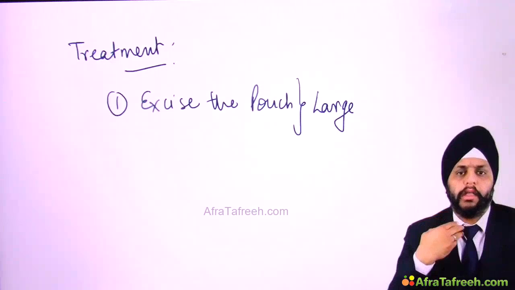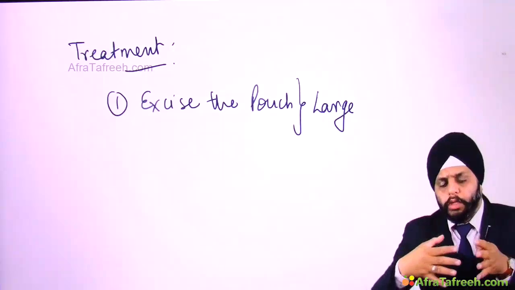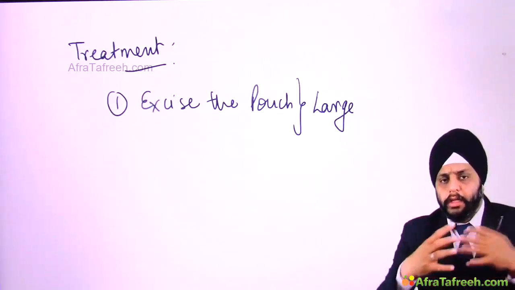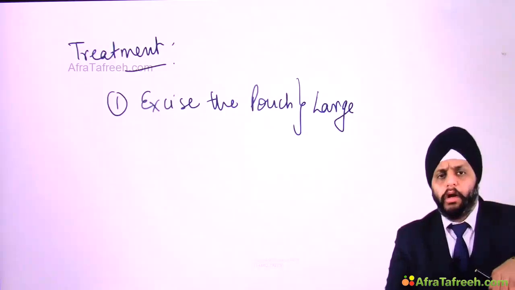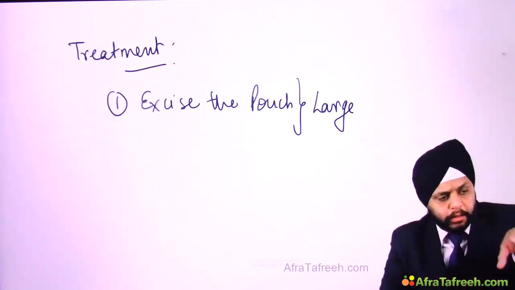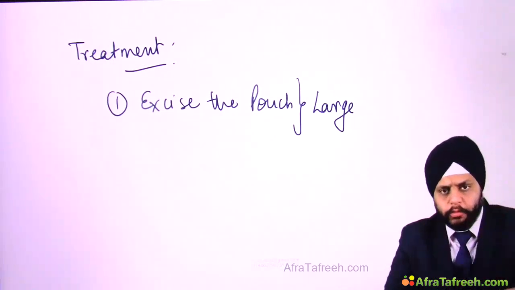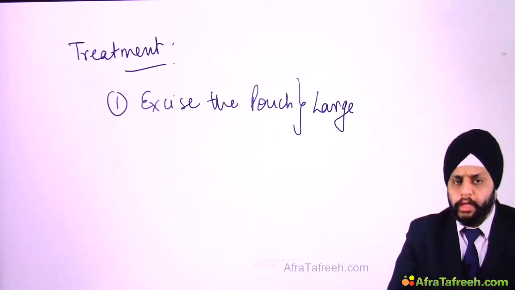You have to cut the neck, then separate all the muscles. There are big vessels, IJV, ICA, and cranial nerves, 9th, 10th, 11th, 12th nerves. You have to go all across them, the sympathetic chain. Then you reach near the pharynx, and then you have to take out the pouch. So it is going to be a big exercise.